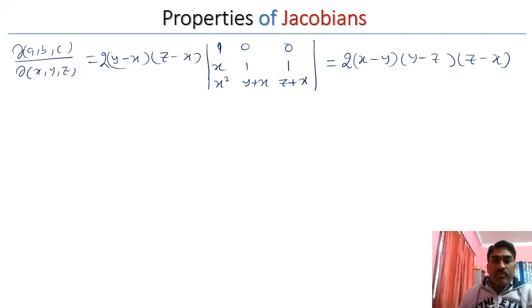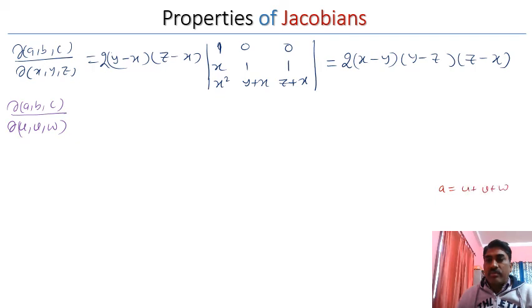Now we will find the Jacobian of a, b, c with respect to u, v, w. So let me write again what a, b, c was. So a was u plus v plus w, b was uv plus vw plus wu, and c was uvw.